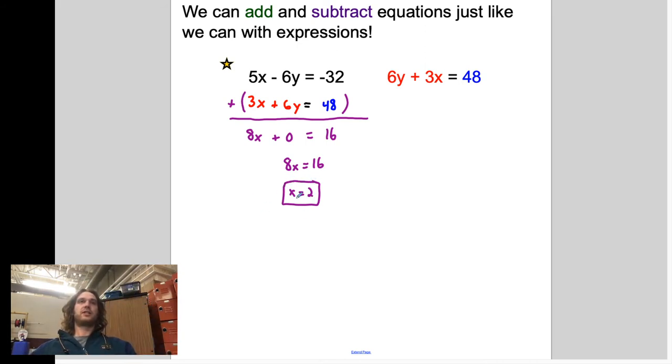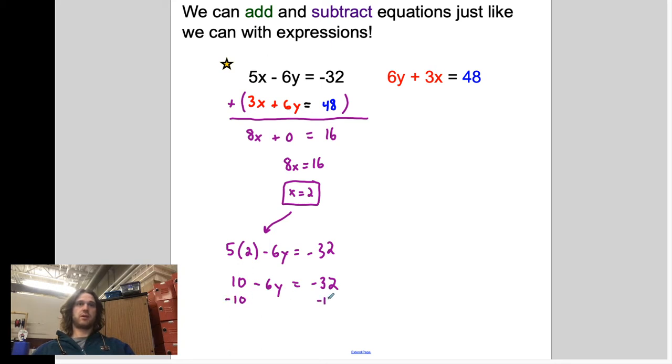Okay, now I'm going to take that x and plug it into the top equation. That'll be 5 times 2 minus 6y equals negative 32. 10 minus 6y equals negative 32. Okay, subtract 10 from both sides.